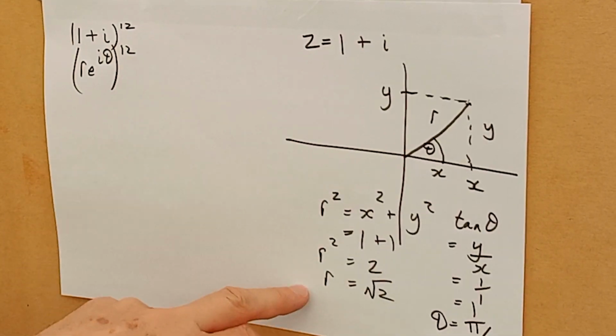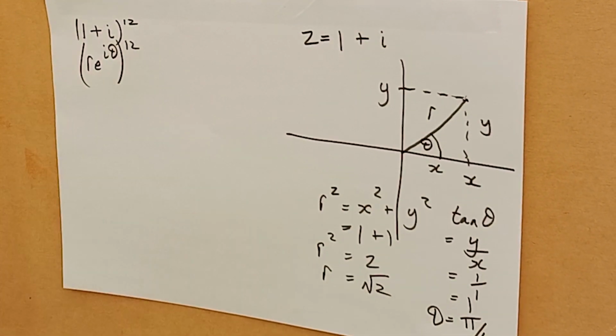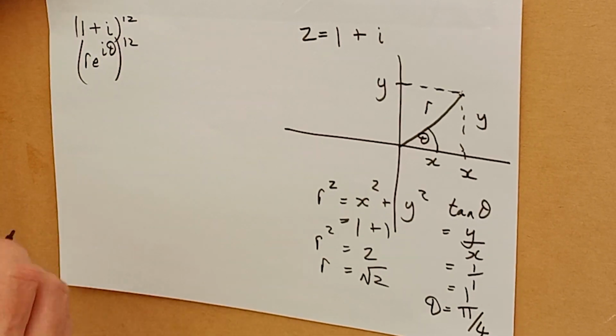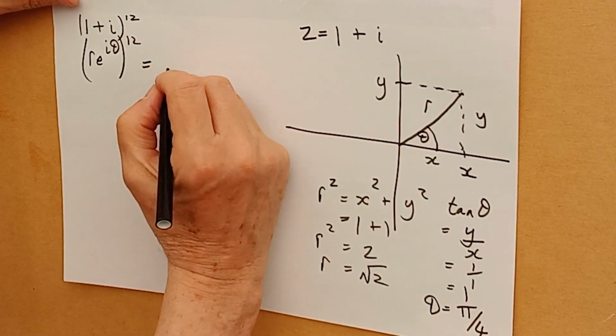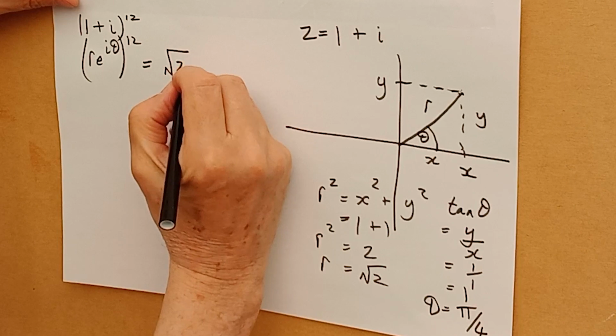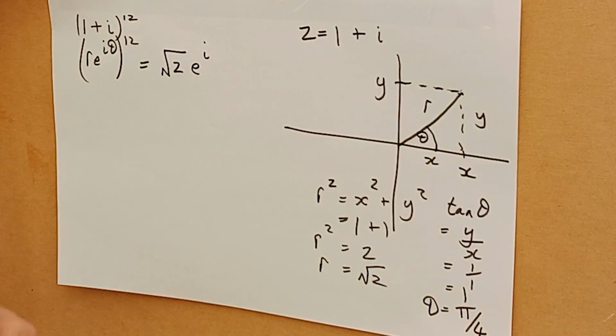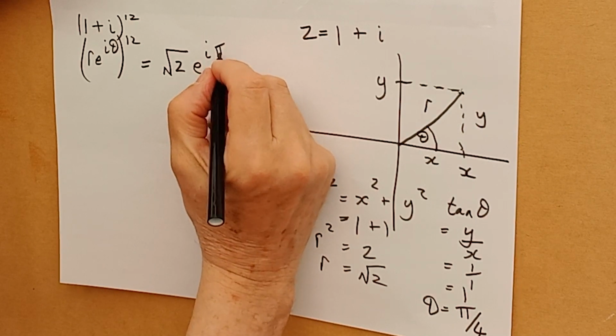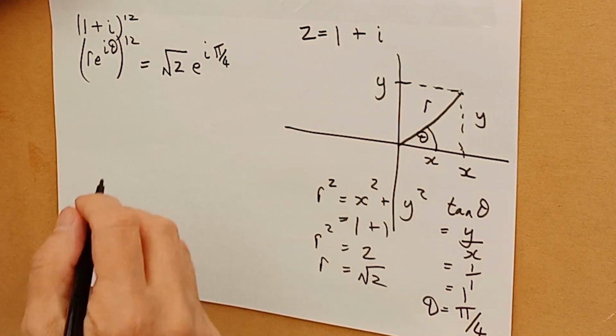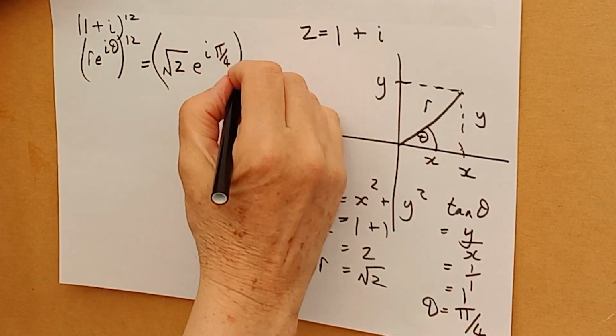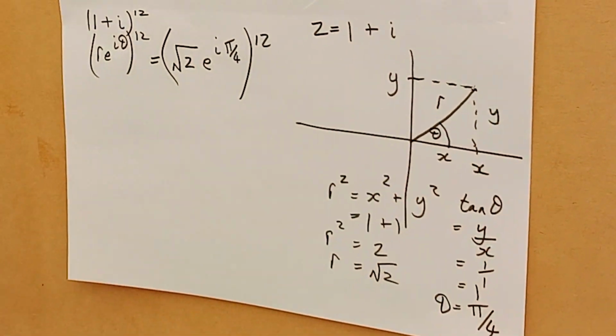And we can put these numbers into here and see what we get. So r we said was root 2. e to the i theta, theta we said is pi by 4. All of that to the power of 12.